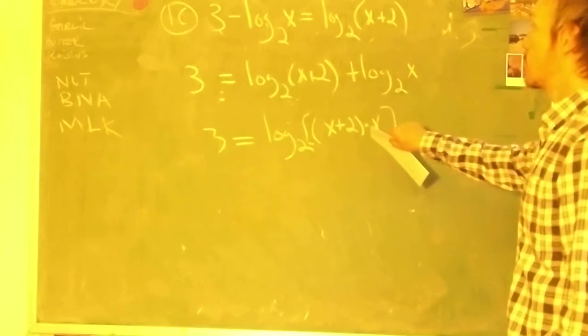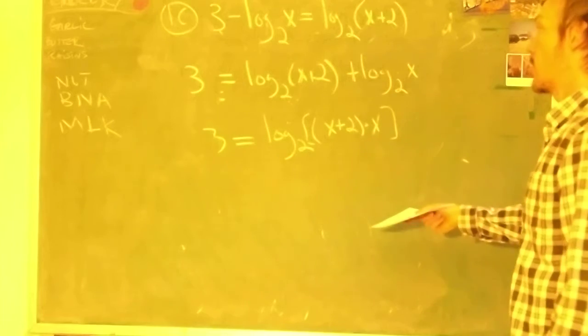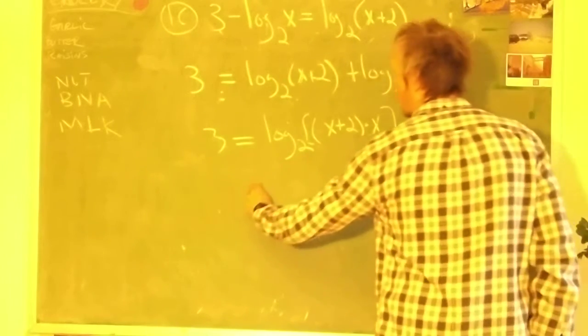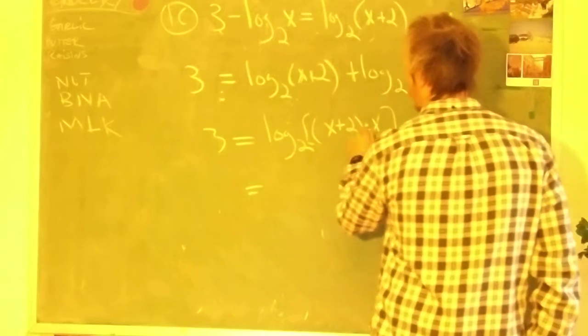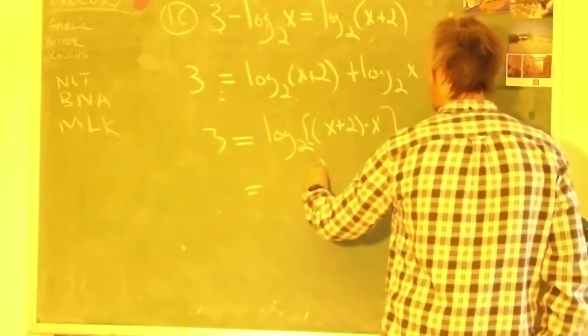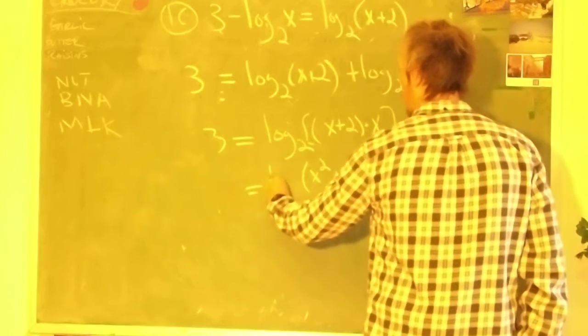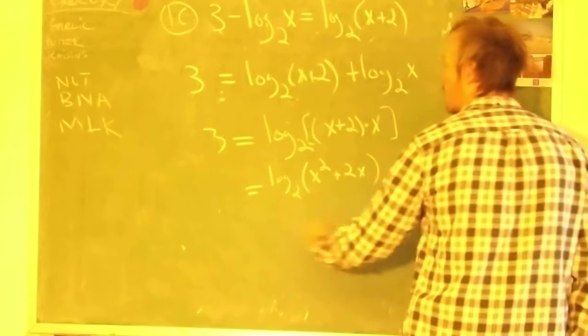Now we'll have to convert to an exponential expression, and we're going to end up with a quadratic, because here I'll have x squared plus 2x, and this is still log base 2 of all that.